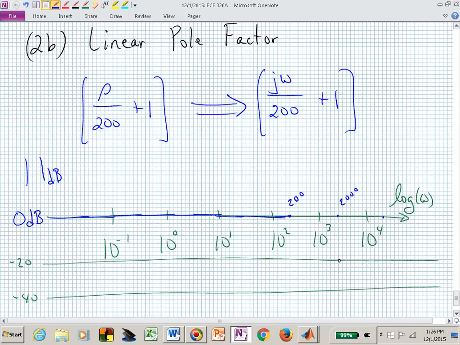Here we'll be at minus 20, here we'll be at minus 40, and we just connect those, and there is our magnitude plot for this linear factor with a break frequency of 200, and I usually encourage you, if you can write that small, to label your slope.